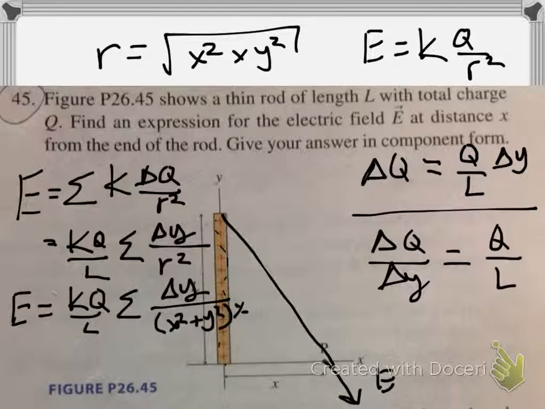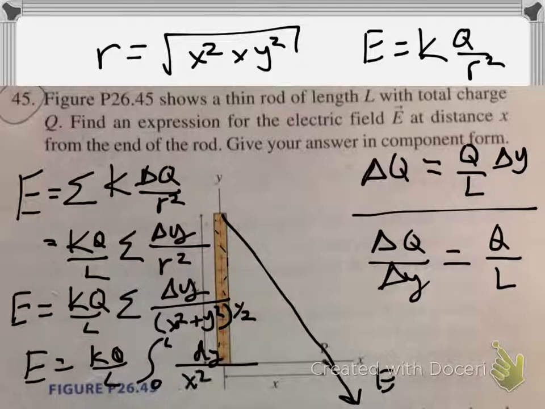And of course, from there, I can now say E is equal to KQ over L, the integral from 0 to L of dy over x squared plus y squared. Why is it to the 1/2? Isn't it square root? Oh, R squared, genius. Thank you. Sorry about that. We can get rid of that because I forgot we squared the bottom. So 0 to L, the limits.